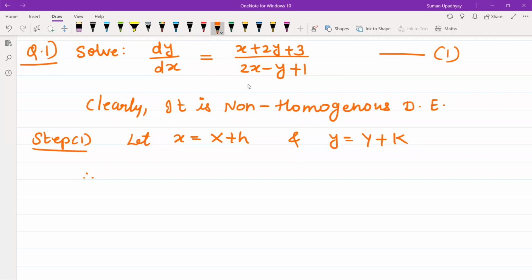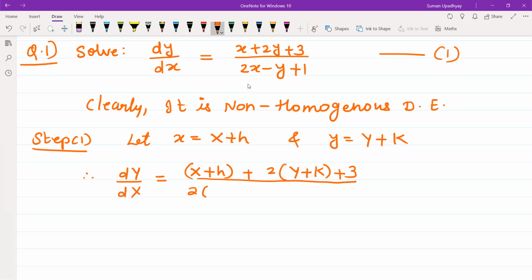So after the substitution, dy by dx will become dY upon dX equals, in place of x, I'm going to write capital X plus h, plus 2, in place of small y, I'm going to write capital Y plus k, and plus 3 as it is, upon 2 times (X plus h) minus (Y plus k) plus 1.